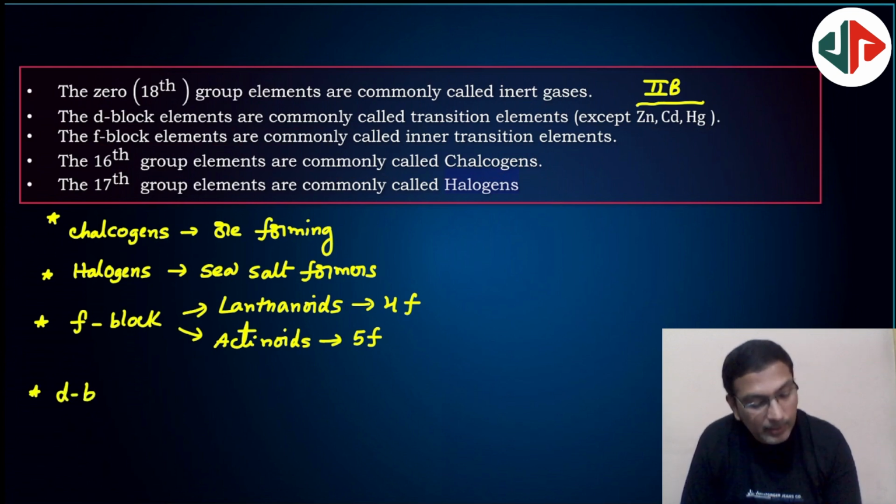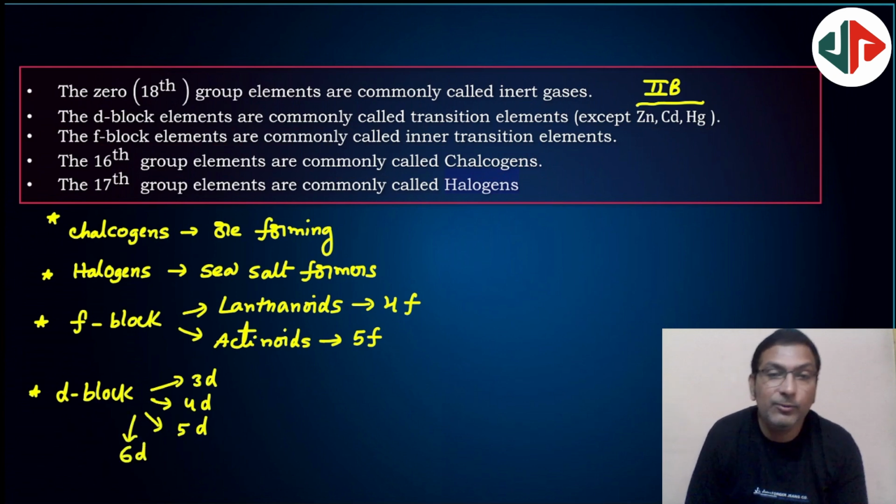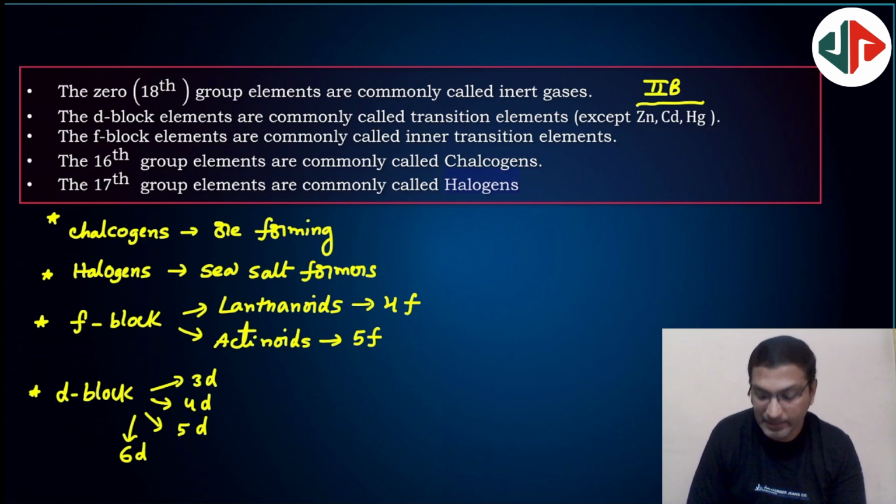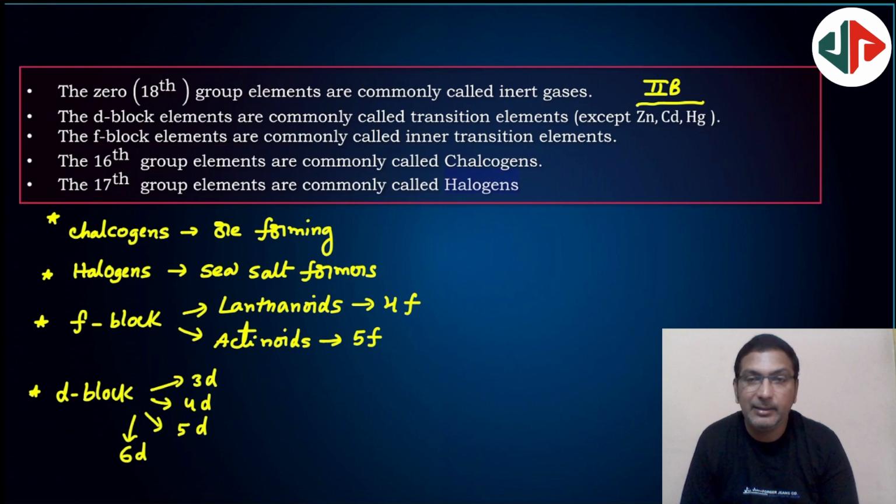Similarly, in d block, we have different series: 3d, 4d, 5d, and 6d series. So 4 series in d block. Remember f block and d block: in f block 2 series, 4f and 5f, based on where the differentiating electron enters. Next one.